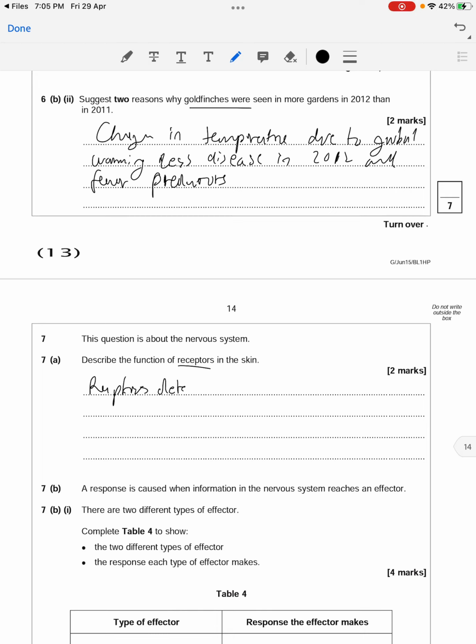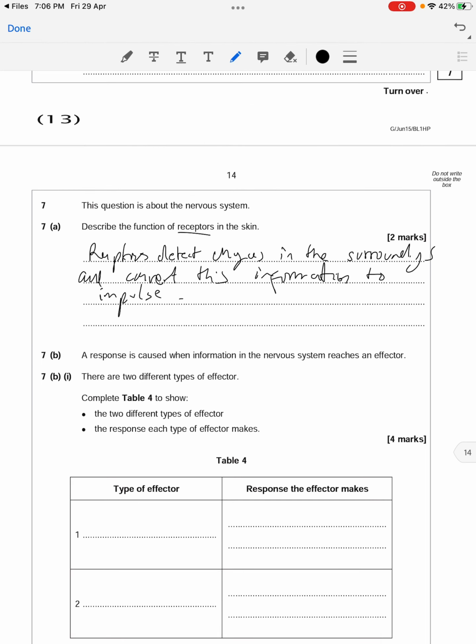They detect changes in the surroundings, and they convert this information to impulses, which cause movement as well, right? So this sends the impulse to the sensory neurons, that is the brain in this case.